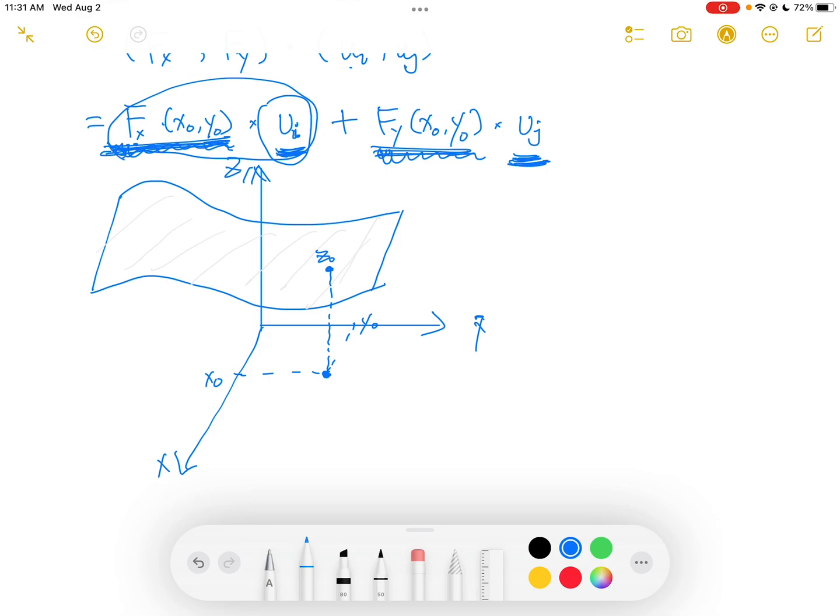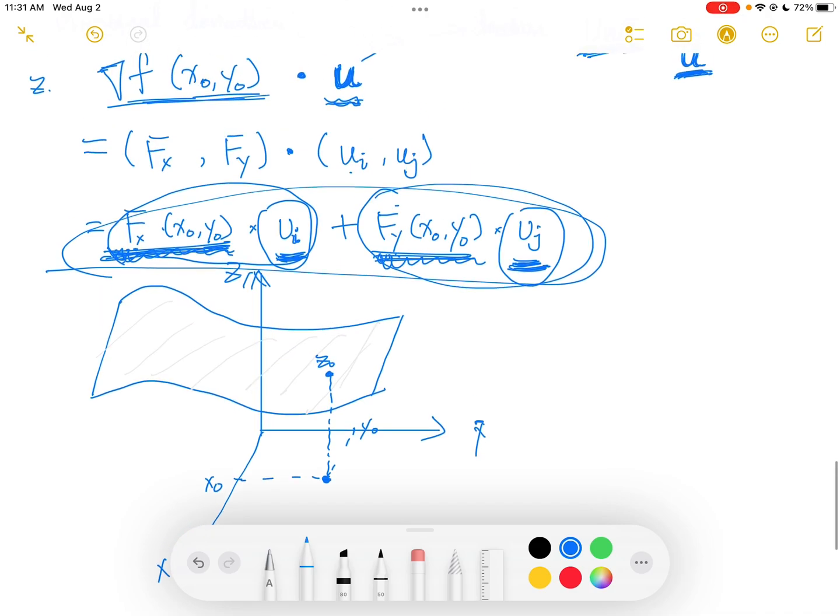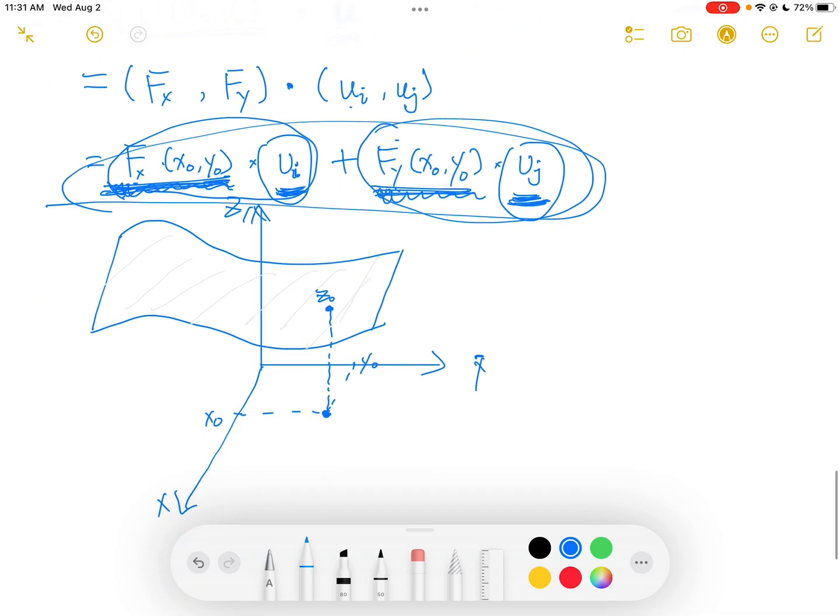Similarly, this is how much we want to move along the y direction, multiplied by f of y. This is how much the z value will change. Together, this gives you the change in z in the direction of u.